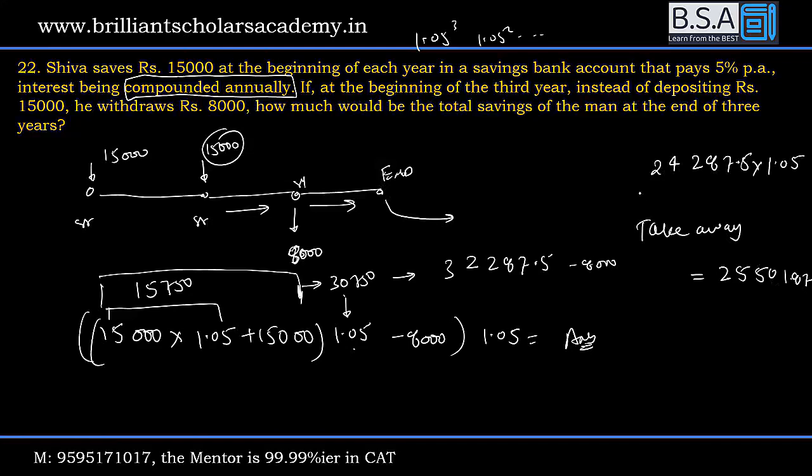If the question is nearest integer, your answer should have been 25,502 rupees. I must be getting a hang of when to use the reducing balance approach, when to use the formula.